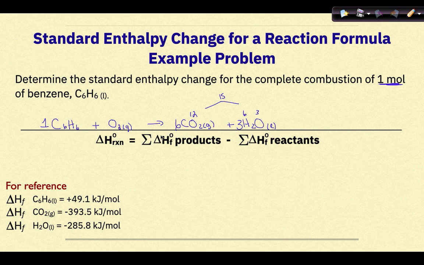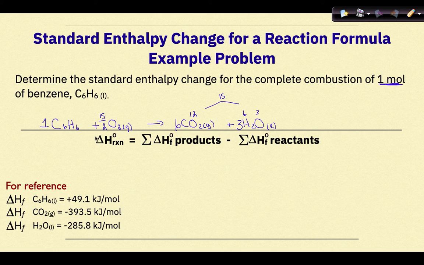But remember, this is a Hess's law problem, and ultimately, the oxygen is not going to be taken into consideration because it's in standard state. So I'm okay doing 15 over 2 here and not worrying about the oxygen because ultimately, this is going to be represented as a 0 anyways.